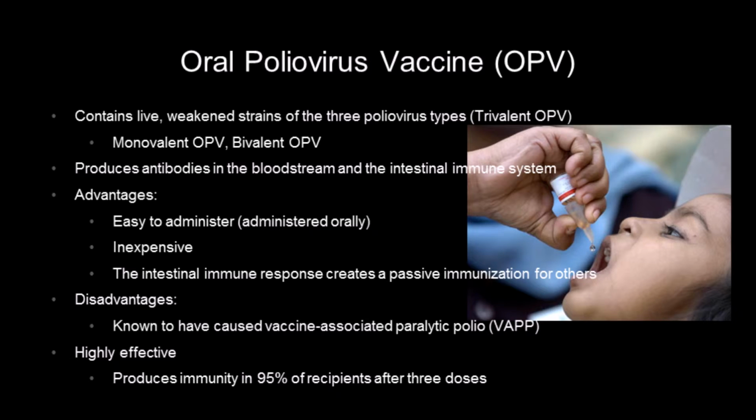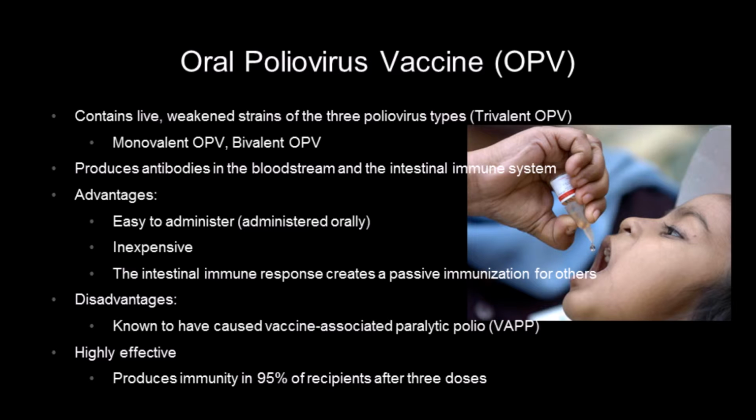It's fairly inexpensive to produce compared to the other type of polio vaccine, and that intestinal immune response that this produces creates a passive immunization for others, for those that are living in the same village or the same city as the people that may contract the disease.